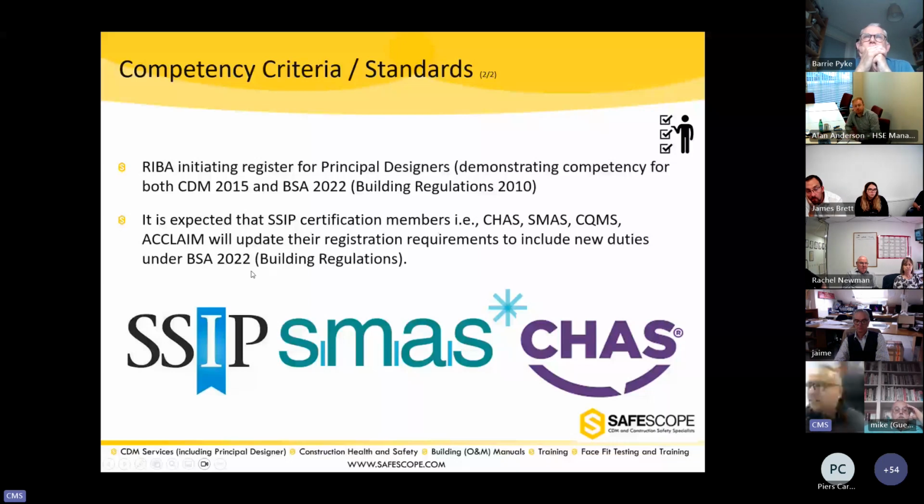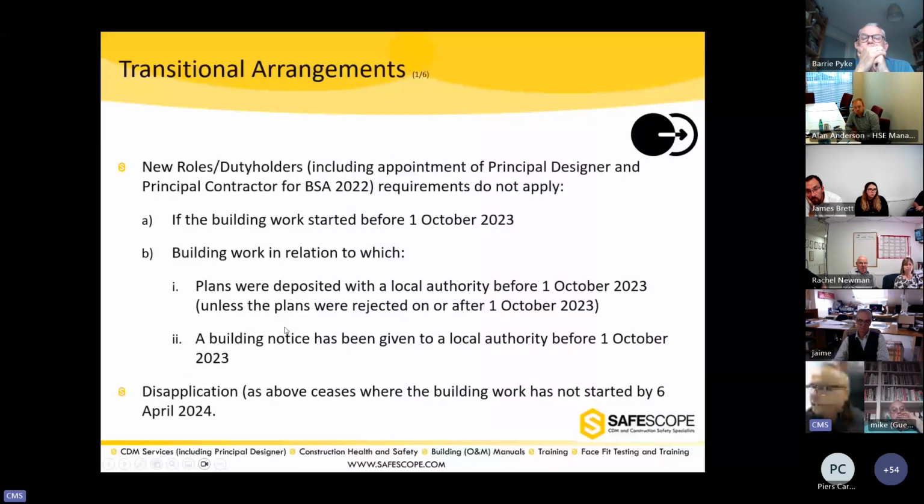What are the transitional arrangements? Now, the new roles and duty holders do not apply if the building work started before 1st of October. What that means by started, I'll come to the definition.